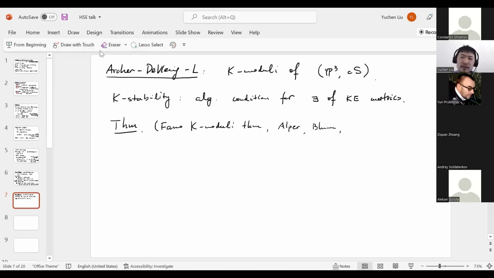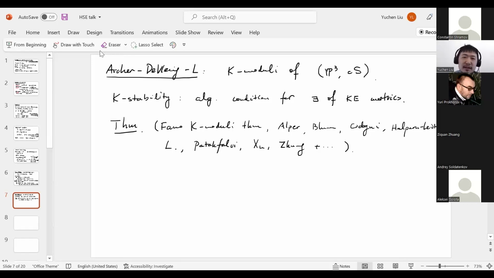This is by no means exhaustive, but I will just try to give my account. So Odaka, and then Hacon-Kovács, Liu, Xu, and then myself and Patakfalvi, and then Chenyang and Zhiyuan. So if anyone wants to complain, I'm happy to add your name or your friend's name in, plus many others.